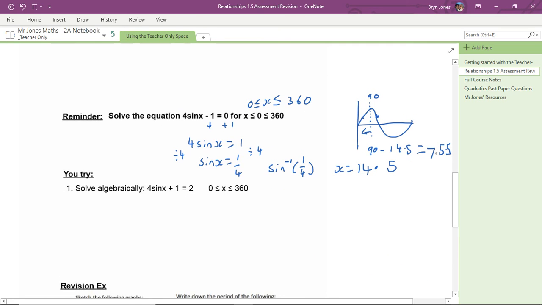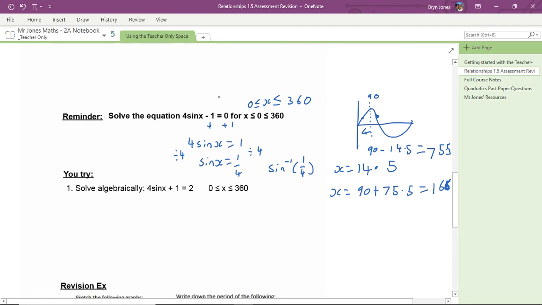So if we just add 75.5 onto our 90, that's going to give us this next point, our other answer. So our other answer is going to be x is 90 plus 75.5. And again, that's going to give us our answer of 165.5, or 166 when I round it to 1 decimal place.